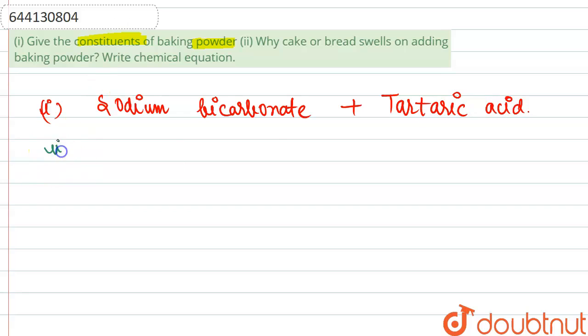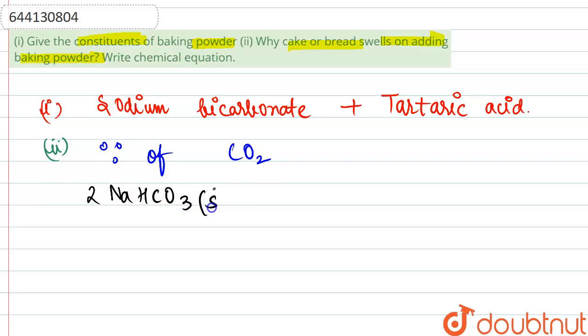Okay. The second one is asking why cake or bread swells on adding baking powder? Because of carbon dioxide. So the reaction that happens is that we are having sodium bicarbonate, right?